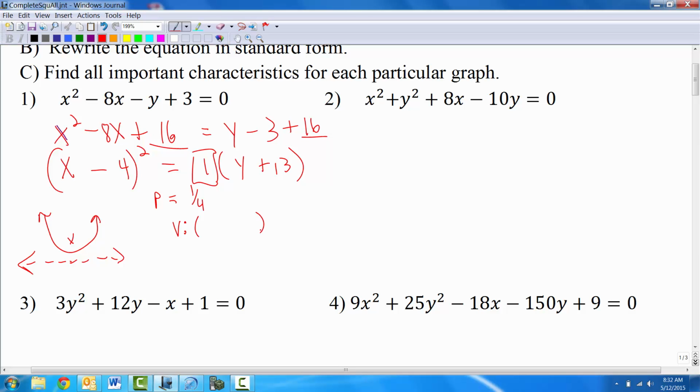It's (4, -13). Then P is the key, so the focus goes up 1/4. What is the focus's coordinate? Who gets affected by a fourth, 4 or -13? -13. So that would be -12 3/4. Feel free to write it like that if it helps you out.